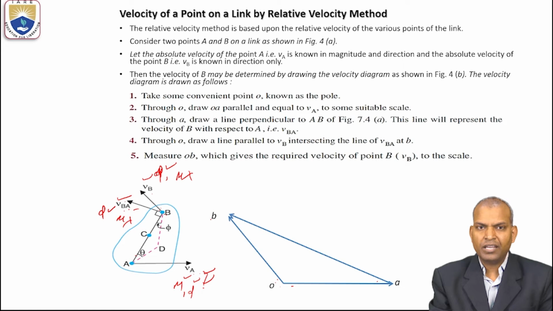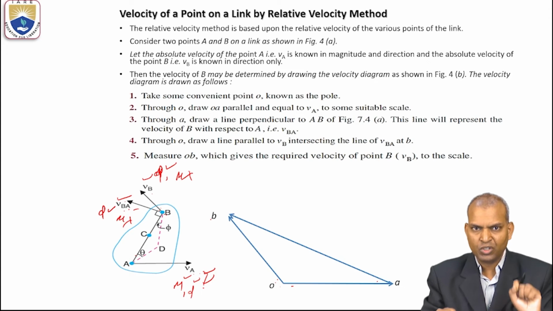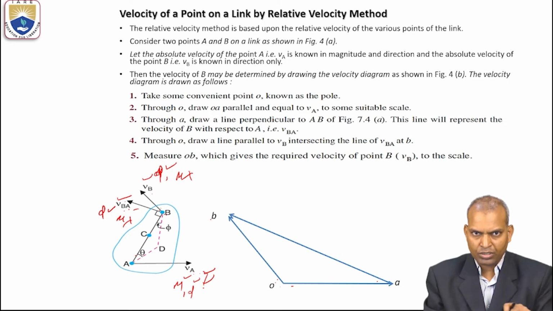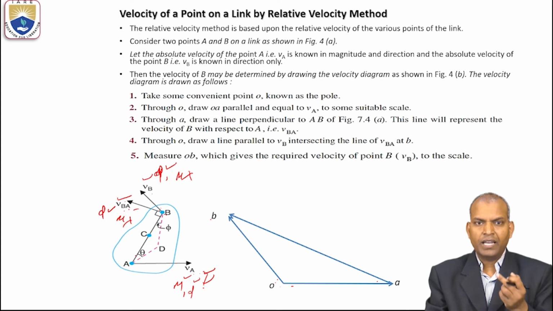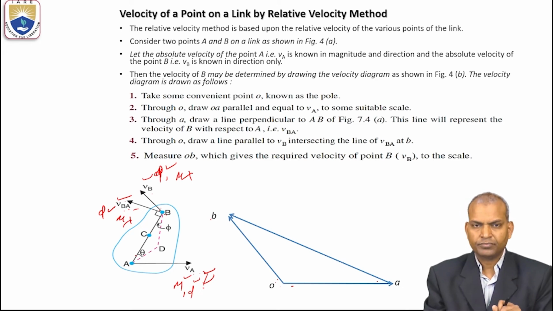Suppose I am riding on the vehicle, then the velocity of my body relative to the vehicle is not absolute velocity. If you want absolute velocity, then what to do? Velocity of my body with respect to road, that is the reference point, is velocity of the person with respect to vehicle plus velocity of the vehicle with respect to the road.